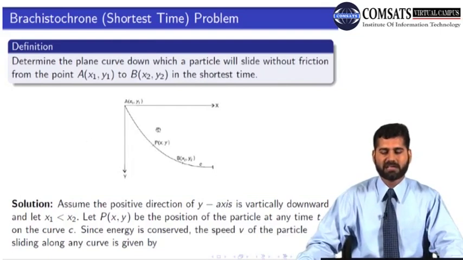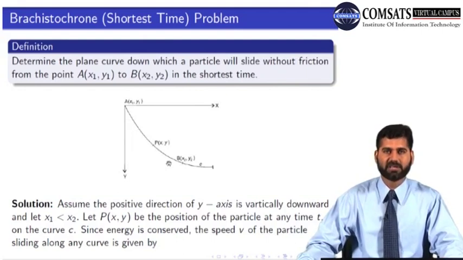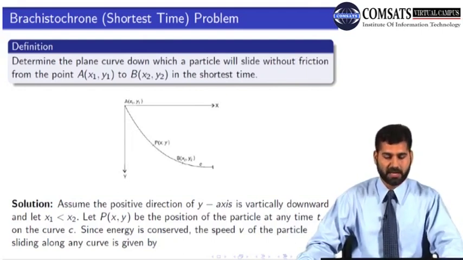So let's say a particle has to slide down along a curve C from a point (x1, y1) to a point (x2, y2) in the shortest time, without friction. We want to find this curve. Now it's not about shortest distance, it's about shortest time.